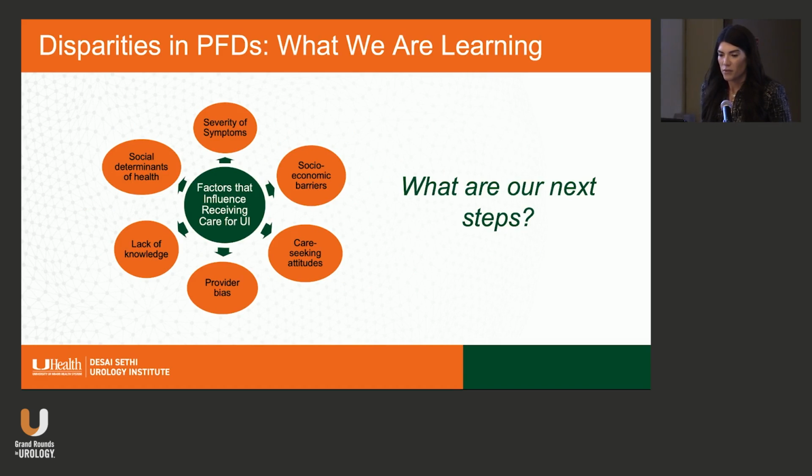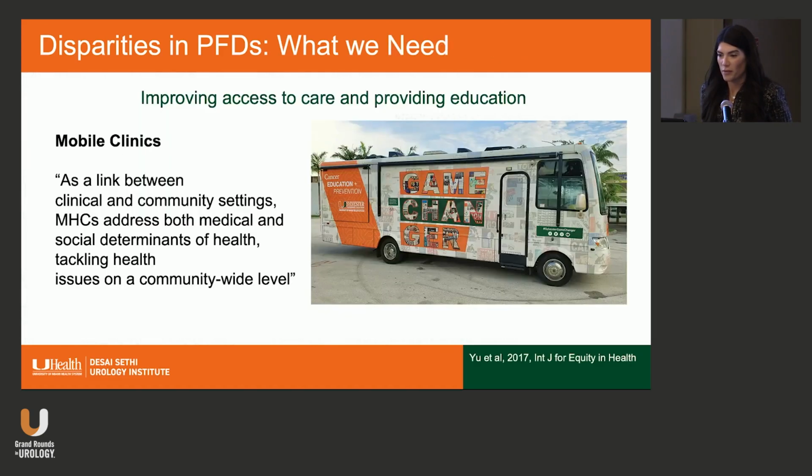So this is what we've learned, but what can we do in the future to change this? At University of Miami, we have this game changer. These are mobile healthcare clinics, and really I think it's a partnership with community and engagement.